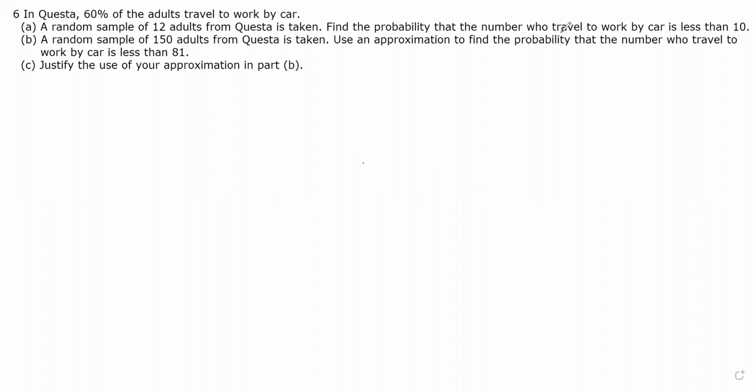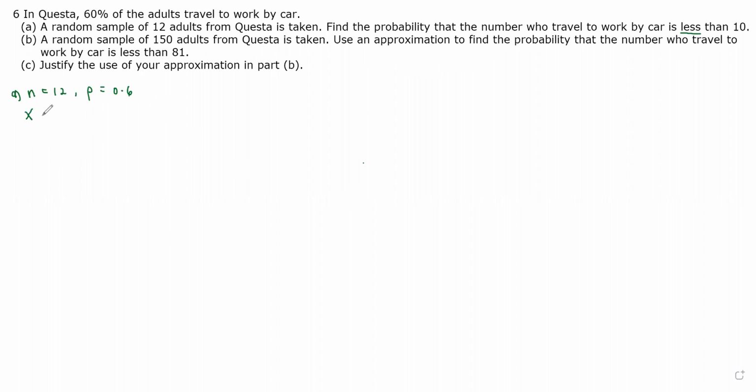In Questa, 60% of the adults travel to work by car. Part A: in a random sample of 12 adults, find the probability that the number who travel to work by car is less than 10. So n here is 12 and the probability of success is 0.6.